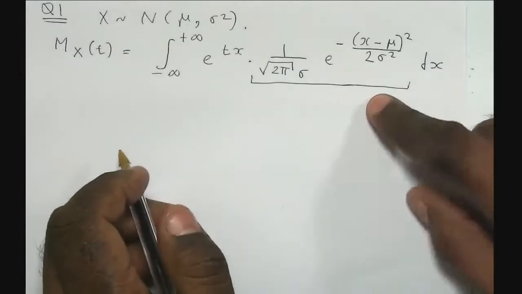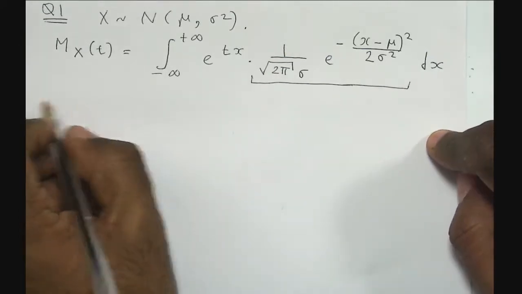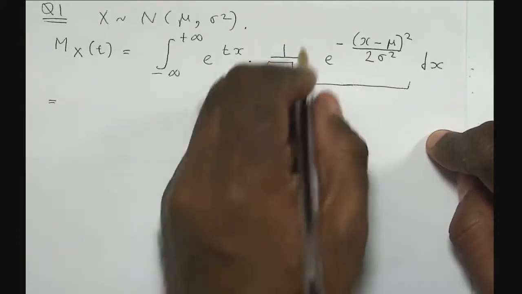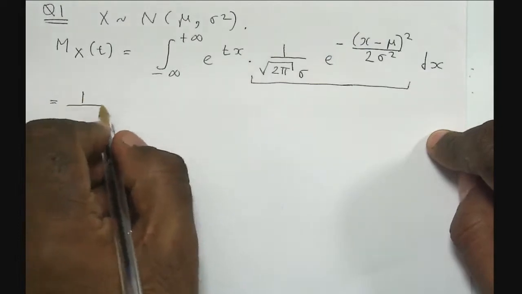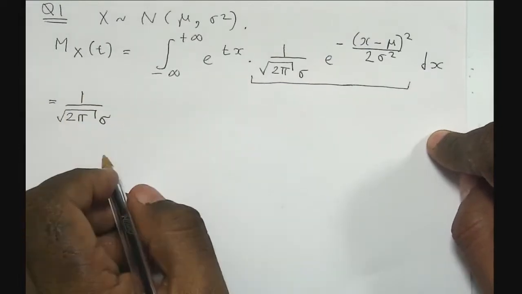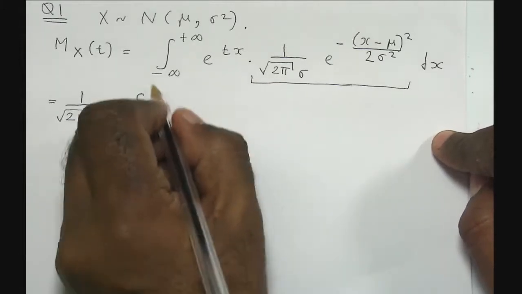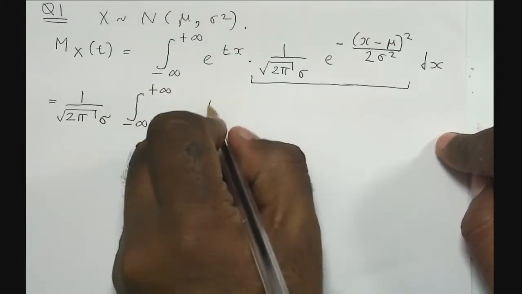This is the PDF of a normal random variable. Now this is a constant. You can pull it outside the integral sign. So what you're left with is e to the tx.